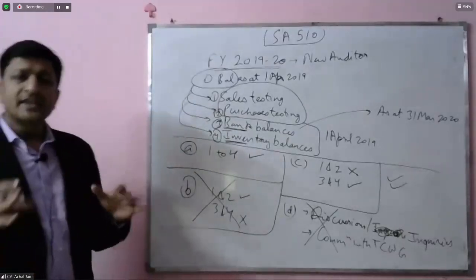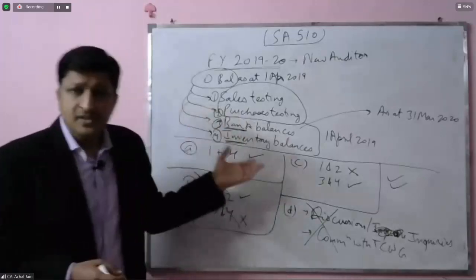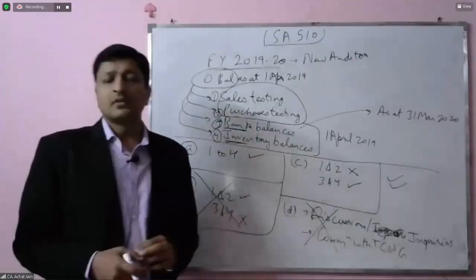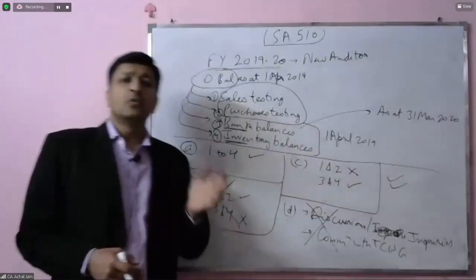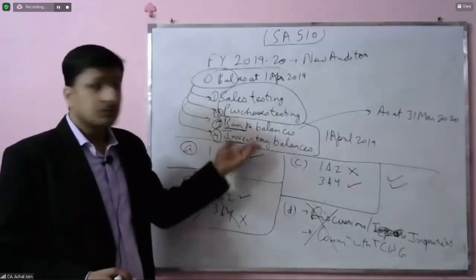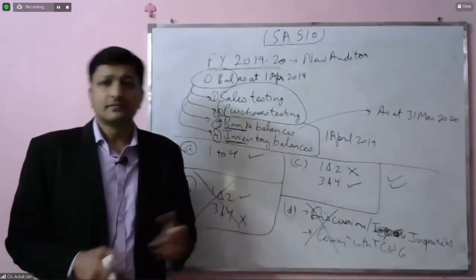Auditor will pick up any reconciliation statements of these banks of the previous years. Auditor will pick up the inventory valuation of the previous year. Only then auditor will get to know about the balances as at the opening day.